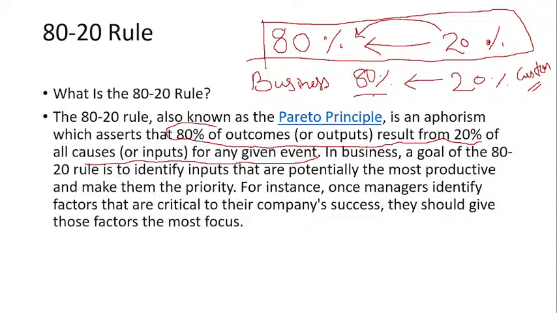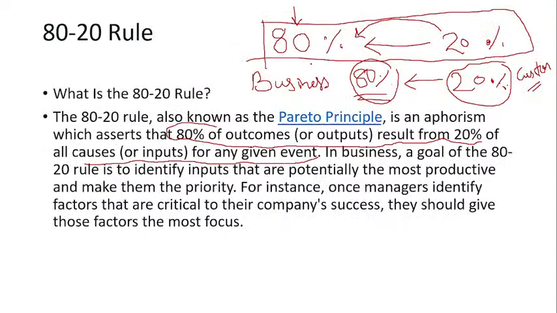For example, in any business, if 80% of the profit is coming from only 20% of the customers, we can use this statistical data for analysis. So 80% of the outcome or output results from the 20% of all the causes or inputs for a given event.